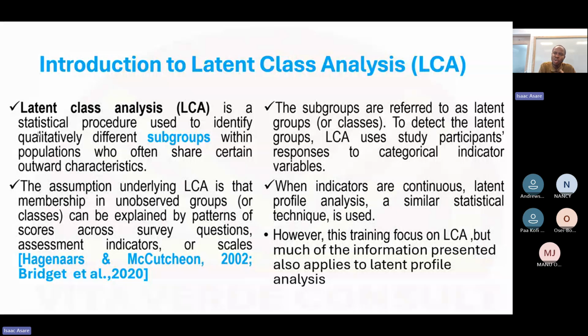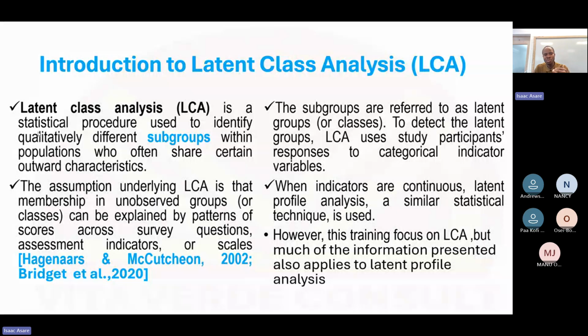As I said, you don't use the latent class analysis, but rather you use what is called the latent profile analysis. These are two different techniques, but they look similar, right? They look similar.